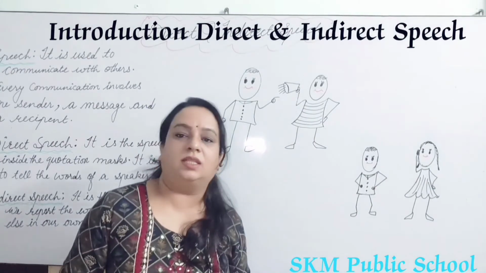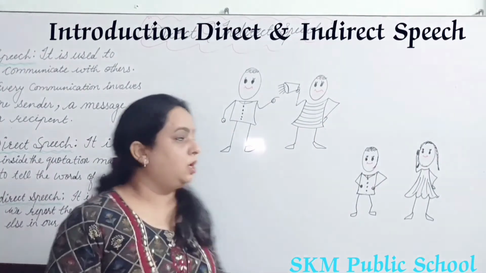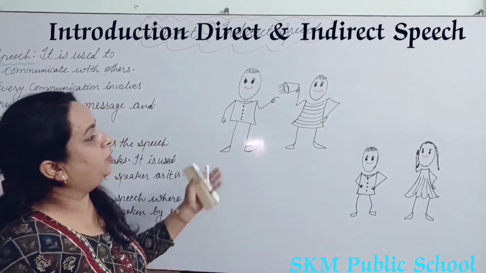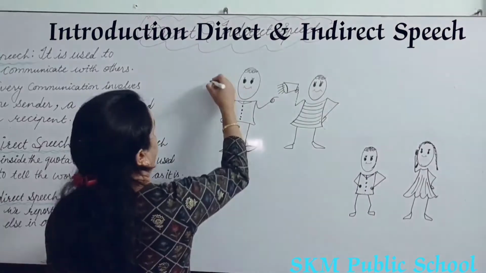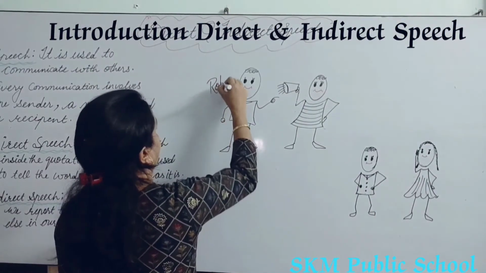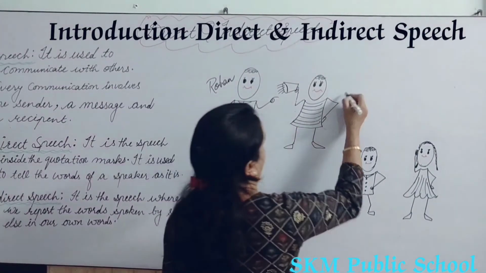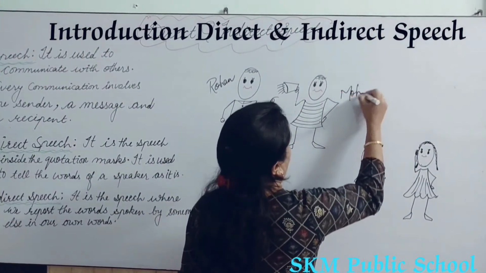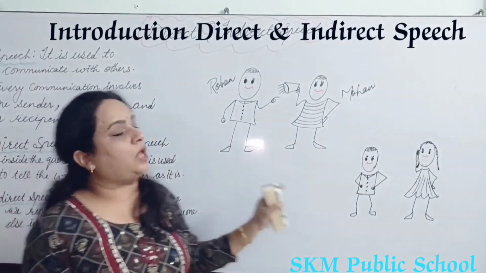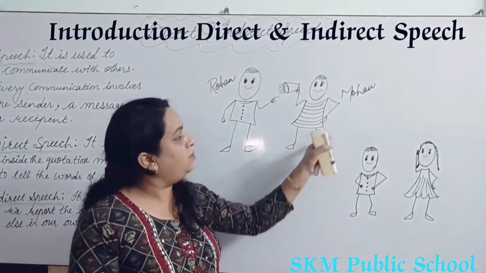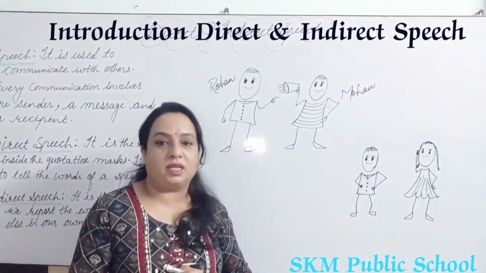Now let's understand direct speech and indirect speech with the help of examples. Here you can see two friends. The name of this boy is Rohan and the other boy is Mohan. One day Rohan and Mohan met. Rohan asked Mohan why he was absent regularly, as he was missing school for many days.